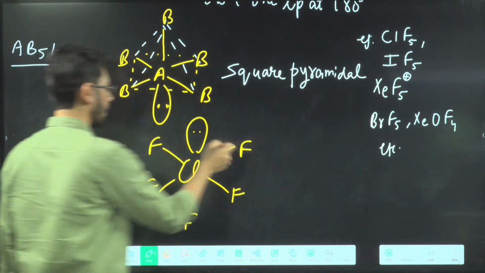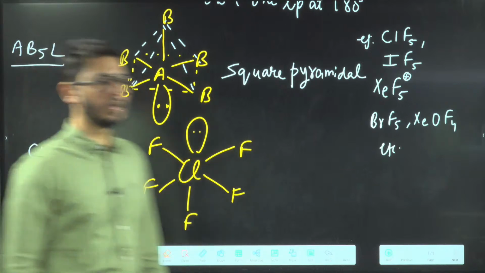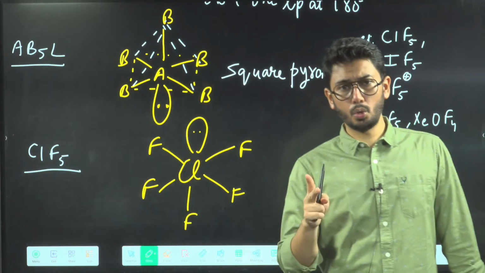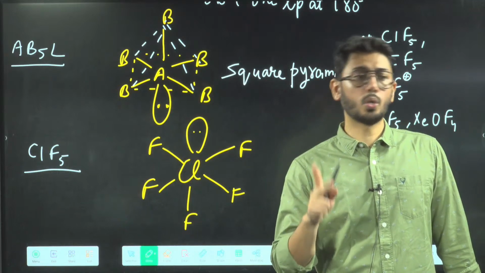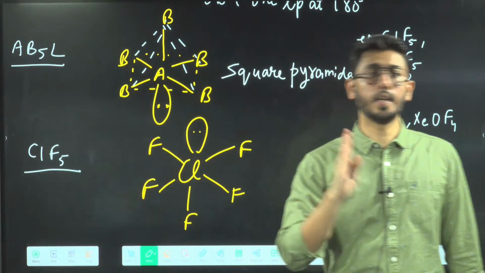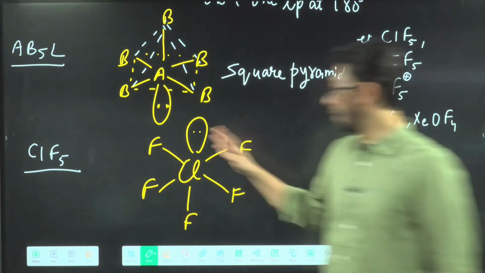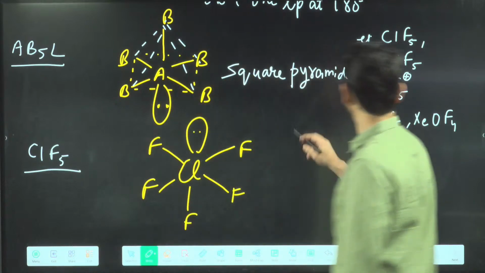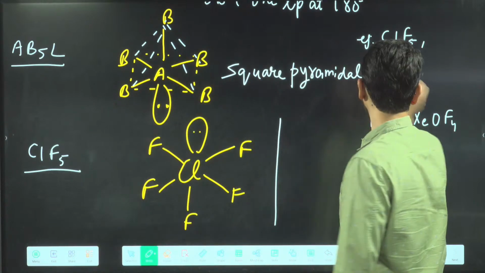All are identical because one lone pair can be at any position. But if two lone pairs are there, they should occupy exactly opposite positions, which makes it 180 degrees. And here this point is not applicable. So this is ClF5.